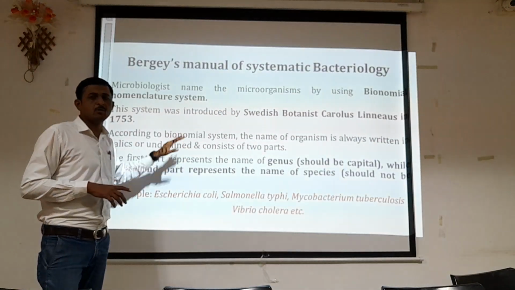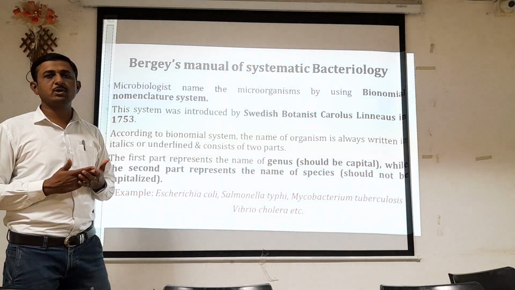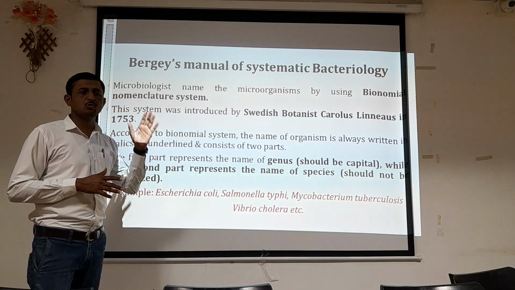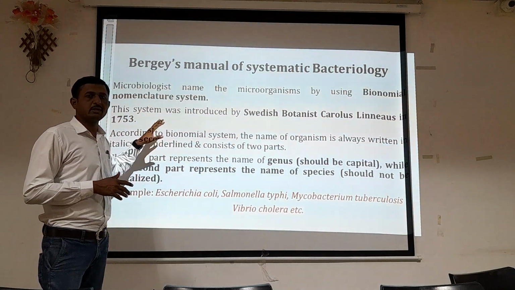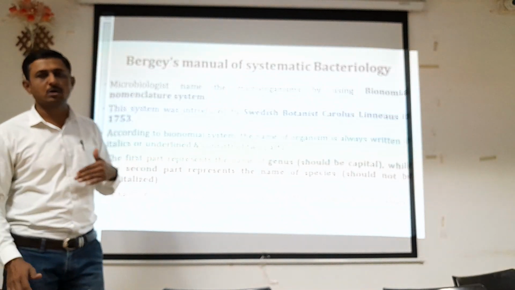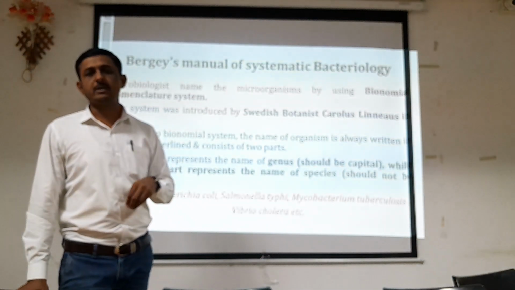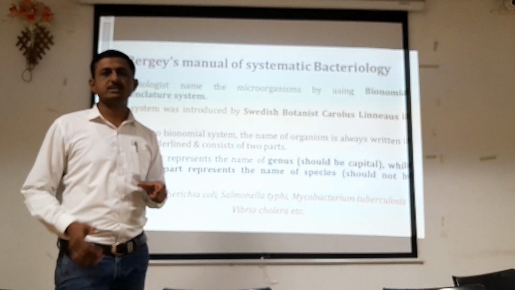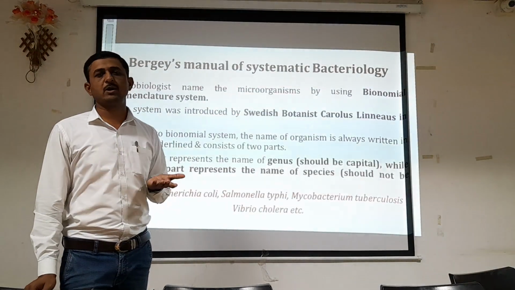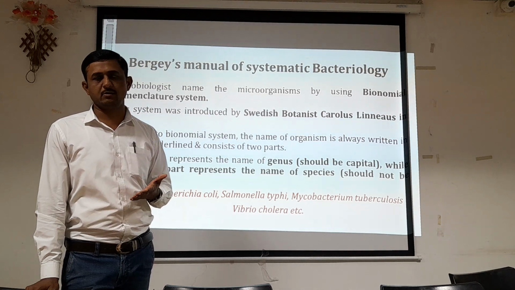So in this binomial nomenclature system, you are giving a particular scientific name and it is unique and worldwide accepted. Throughout the world you can use that particular name and it will be accepted. When we talk about Escherichia coli, in case of India, similar characteristics for that organism are found, as in any other part of the world.